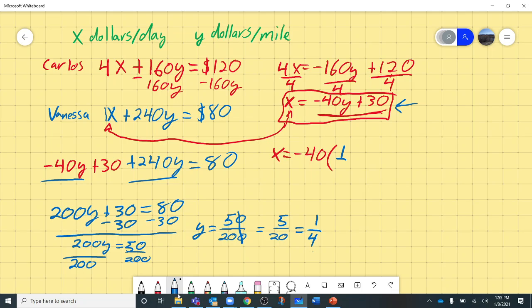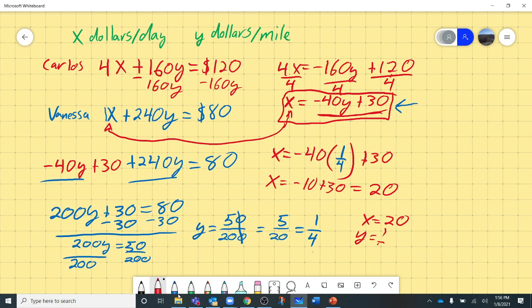So instead of putting a y there, we're going to put 1/4 plus 30. Negative 40 times 1/4: negative 40 divided by 4 is negative 10. So x equals negative 10 plus 30, which equals 20. So we have y equals 1/4 and x equals 20.